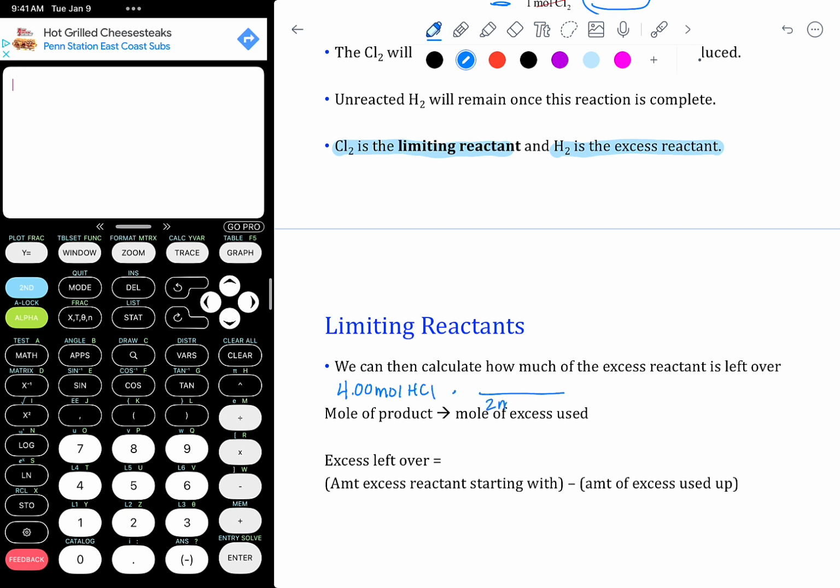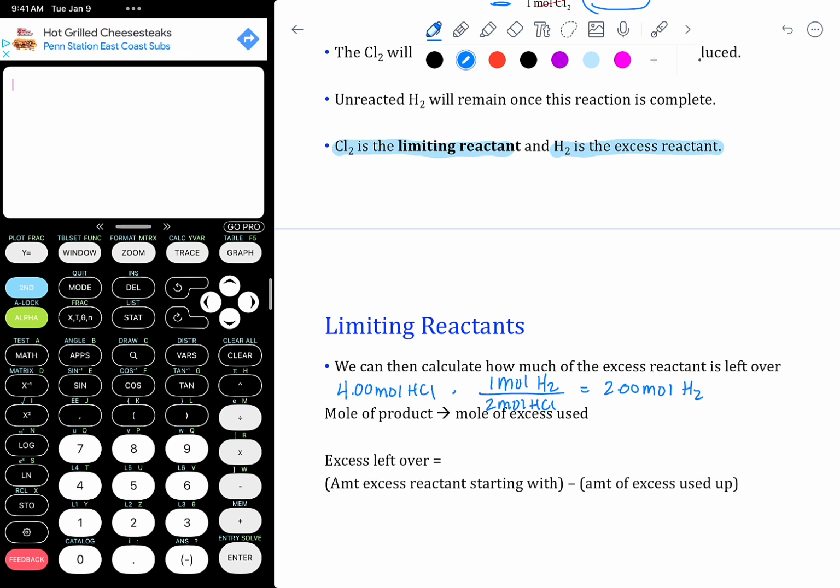So we're going to take our 4 moles of HCl and convert it back to moles of H2. Doing this out is 2.0 moles of hydrogen gas. So in order to create 4 moles of HCl, I had to use up 2 moles of hydrogen gas.